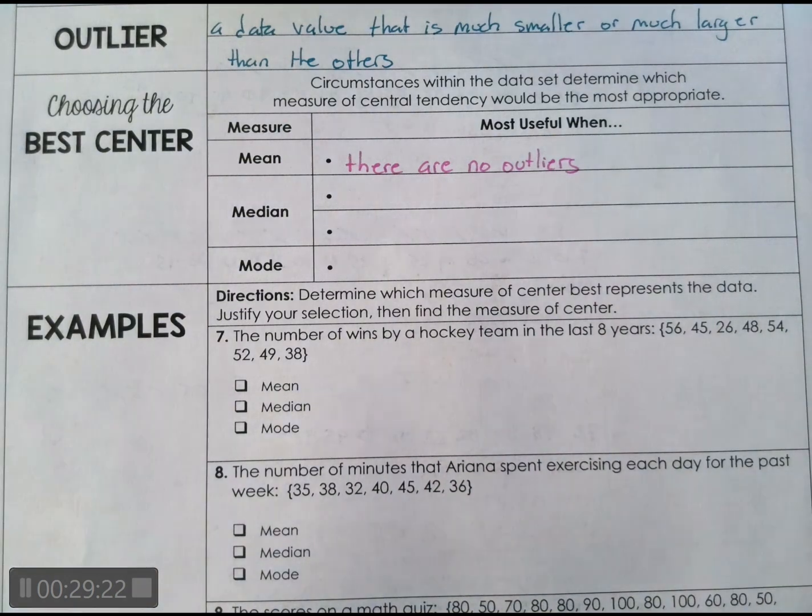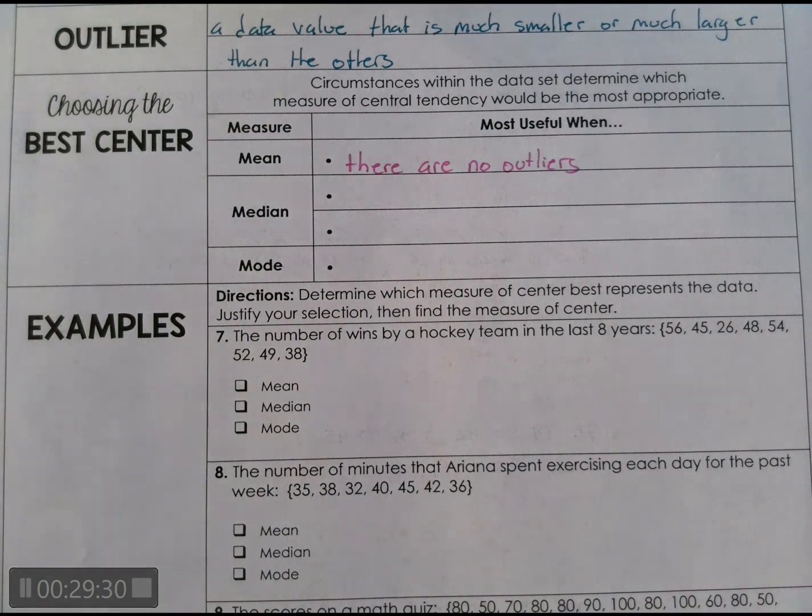So basically, if there's an outlier, then you really don't want to use your mean in order to state your data, okay? Because the whole purpose of mean, median, and mode is to give a representation of your data without listing all those numbers. But mean is not the best one when you have an outlier, okay?